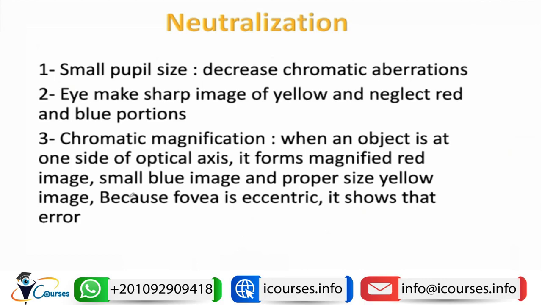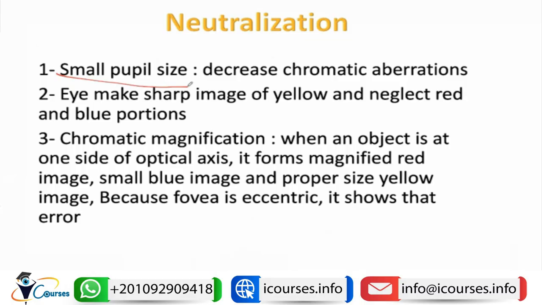So why don't we see each image with blue and red halos of light due to chromatic aberration? This is because we have certain mechanisms that neutralize the chromatic aberration in our eyes. First of all, we have a small pupil size.